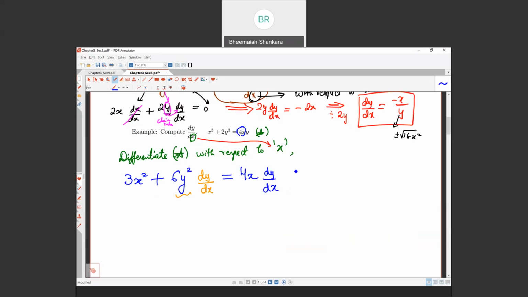Now you fix y on the other side and differentiate 4x with respect to x, so you have 4. So what we did here is the product rule of differentiation.